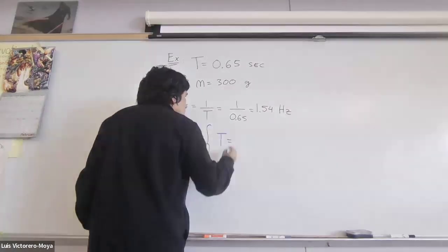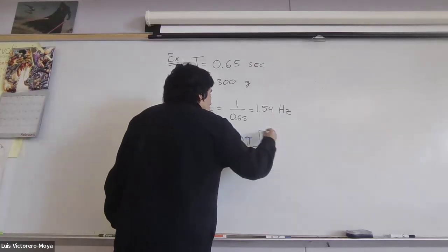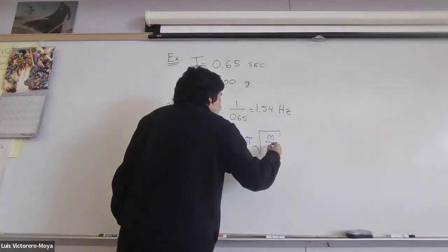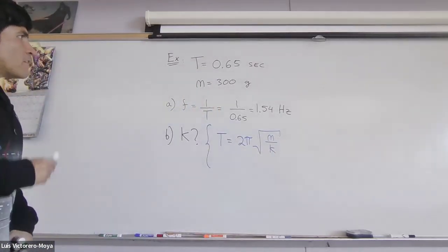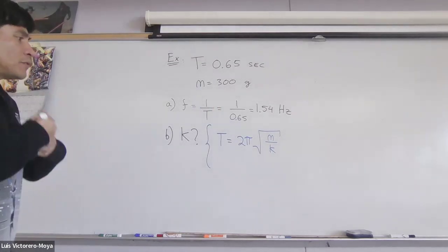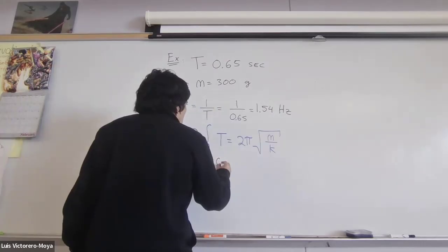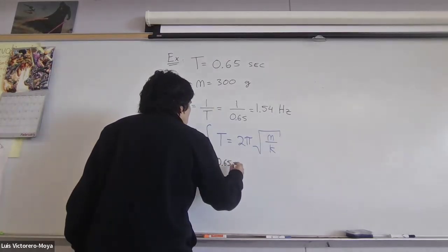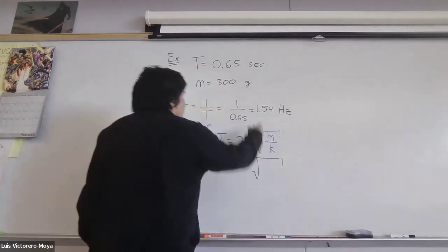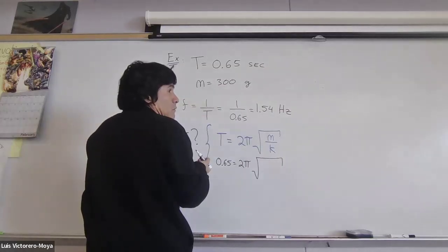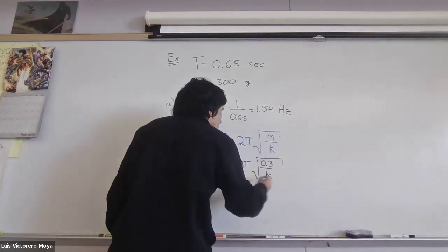Period is 2 pi square root of m over k. Period is 0.65, mass is 0.3 kilograms, right? And k, I want to find k. So 0.65 is 2 pi square root of the mass in kilograms, 300 over 1,000 is 0.3, divided by k.